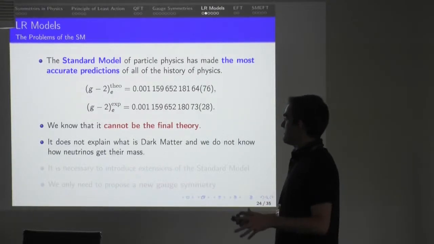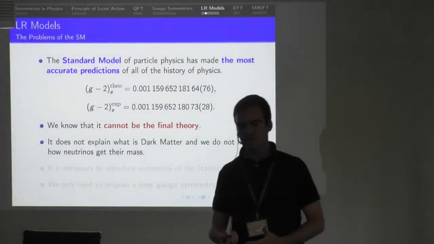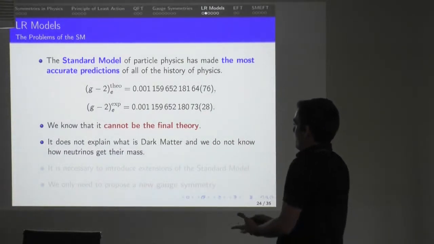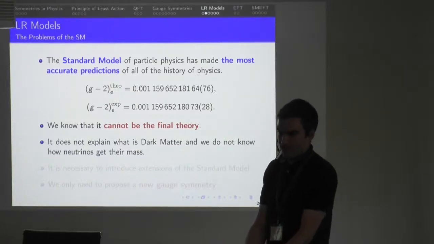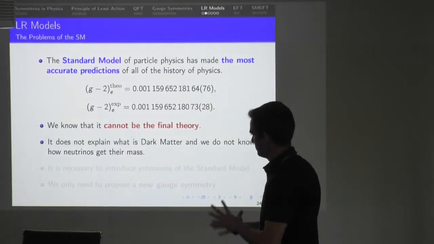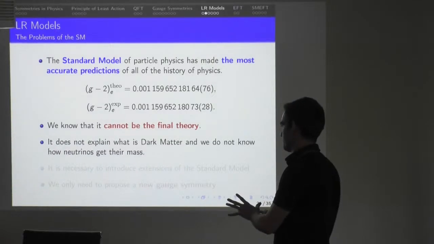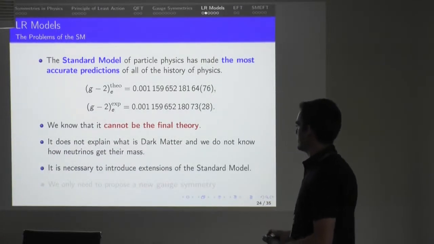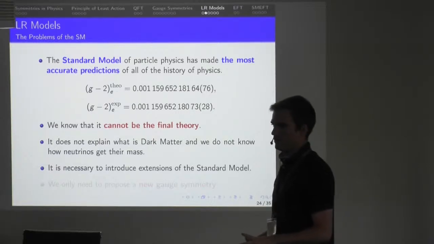But we know that this cannot be the final theory. Why? Because it doesn't explain some things like dark matter, and we don't know how neutrinos get their mass, for example. There are other problems like gravity, but these are two of the most important ones. So it is necessary to introduce extensions of the standard model.